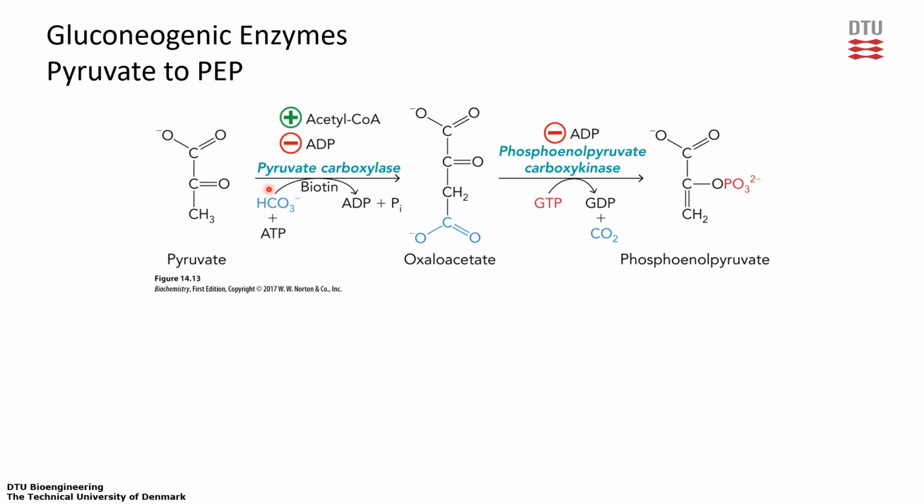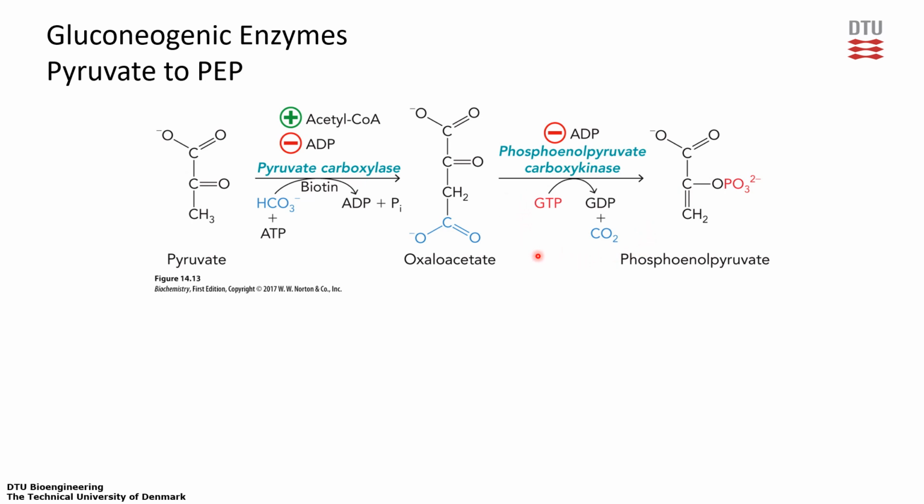Now it also captures the CO2 from the solution, as you can see here, from bicarbonate, and that is then used to create the oxaloacetate. So oxaloacetate is a C4 molecule, so it's kind of like building in an extra carbon in a middle product that will then be released again later on in the next step.